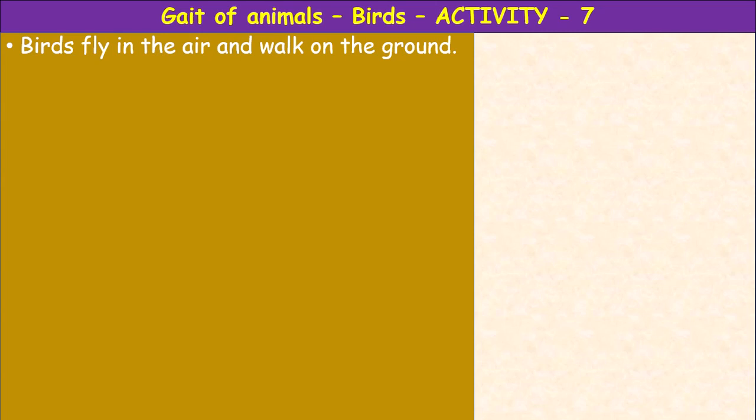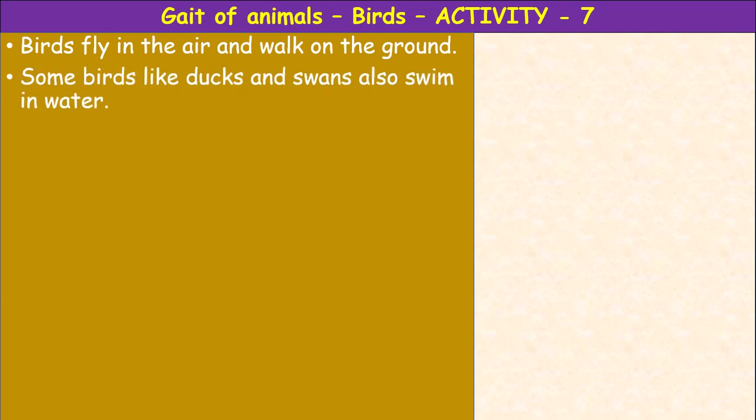With the help of pseudopodia, it will move. From unicellular to multicellular. Now we enter into the vertebrates, higher animals. Birds fly in the air and walk on the ground. Some birds like ducks and swans, they also swim in water.